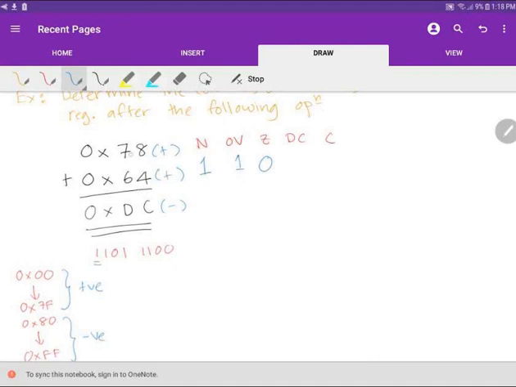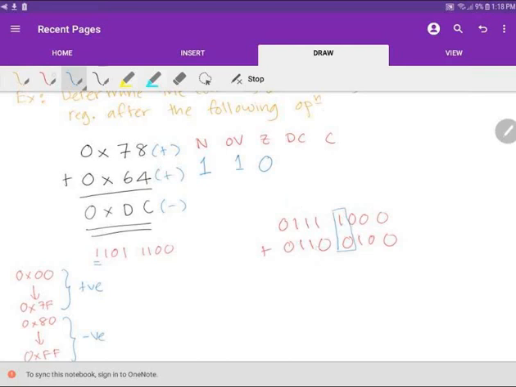Okay, I'll just break down this 7 and 8. So 7 is 0, 1, 1, 1, 8 is 1, 0, 0, 0. Plus 6 is 0, 1, 1, 0, 4 is 0, 1, 0, 0. This one is the 4th order of the low bit. So it says, is there a carry out from the 4th order?